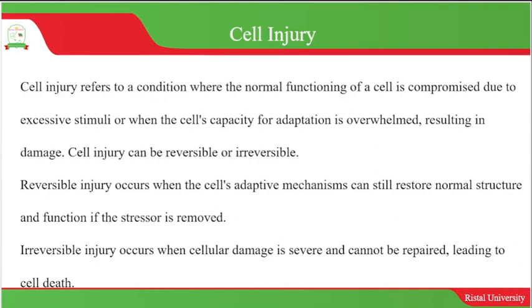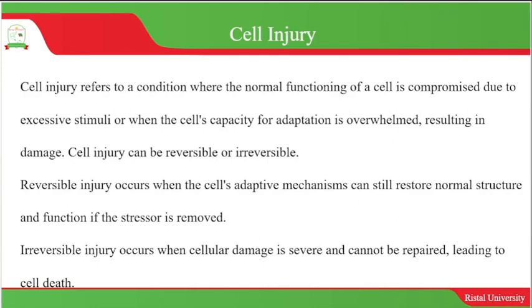We said cell injury is one of the conditions that may disrupt the normal physiological processes within the cell. So by definition, cell injury refers to a condition where the normal functioning of the cell is compromised due to excessive stimuli, or when the cell's capacity for adaptation is overwhelmed, resulting in damage.